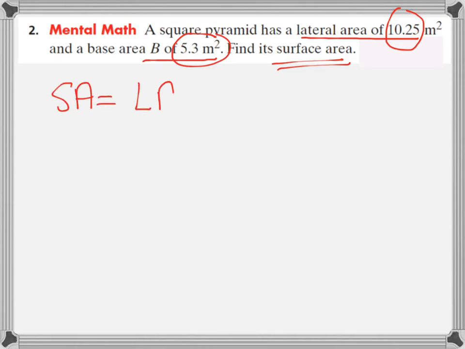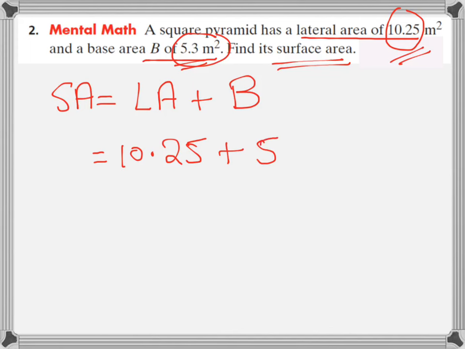It is lateral area plus the area of the base, which is B. How much is LA given in the question? 10.25. So 10.25 plus the area of the base, which is given in the question, 5.3. So how much is this? It is 15.55 meter squared.